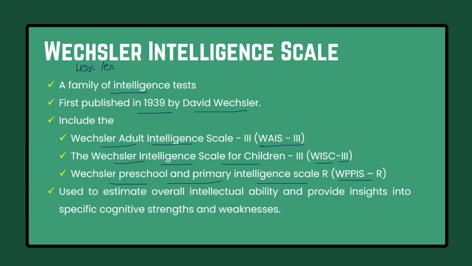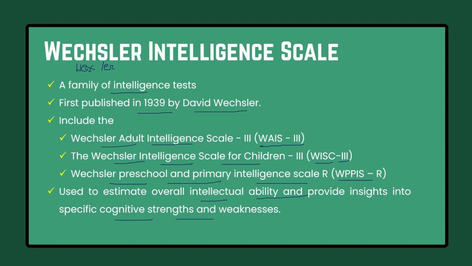So this is a family of intelligence tests wherein you have different tests for adults, for children, and for preschool and primary school students. And we have the names for those here. It's called Wechsler Adult Intelligence Scale for adults, Wechsler Intelligence Scale for Children, and Wechsler Preschool and Primary Intelligence Scale. It is used to estimate overall intellectual ability and provide insights into specific cognitive strengths and weaknesses.